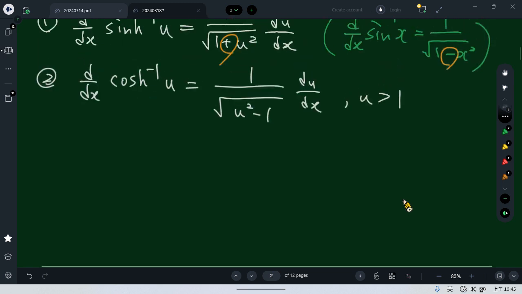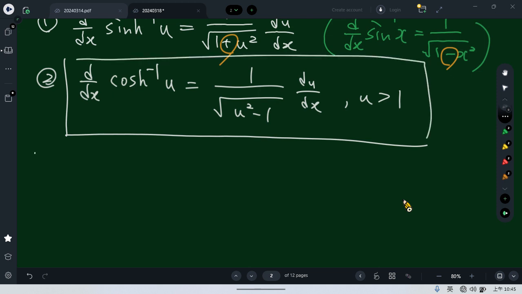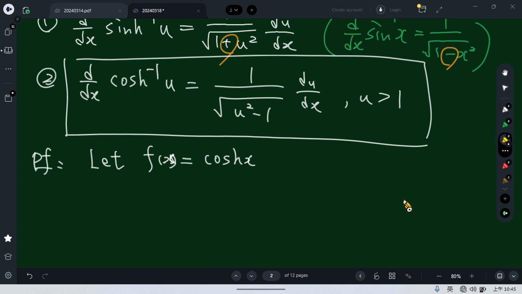Then if you want to prove this, how to prove it? Again, we will let the original function be hyperbolic cosine function. Based on this, we can have f prime x is equal to hyperbolic sine function, right?